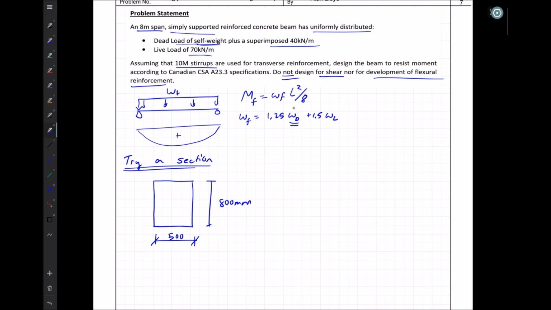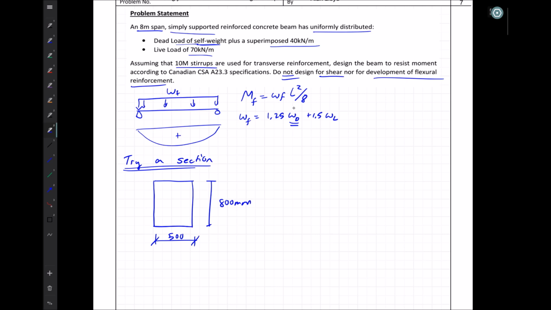We'll note that if I have an 800 by 500 millimeter beam, I can place a lot or a little steel in there, and that can drastically change the moment resistance of this beam. There's no one right answer. There are more right answers than wrong answers. We can always get a better design, but there is no one universal solution, and so we have to start somewhere and go out on a limb and choose a value.